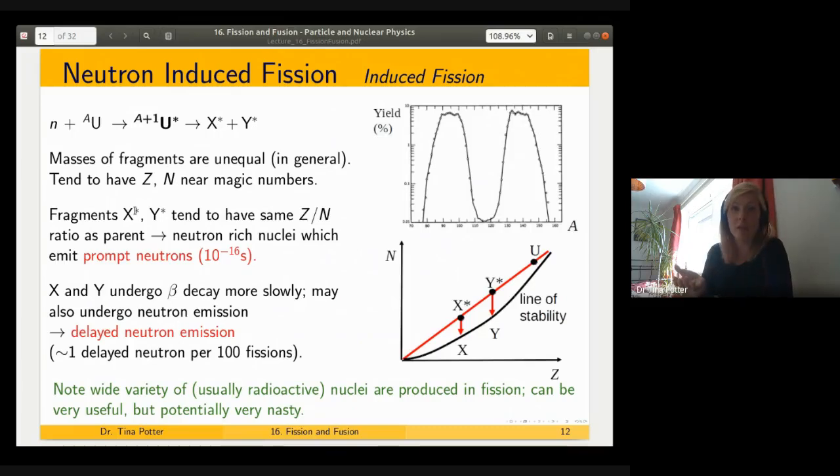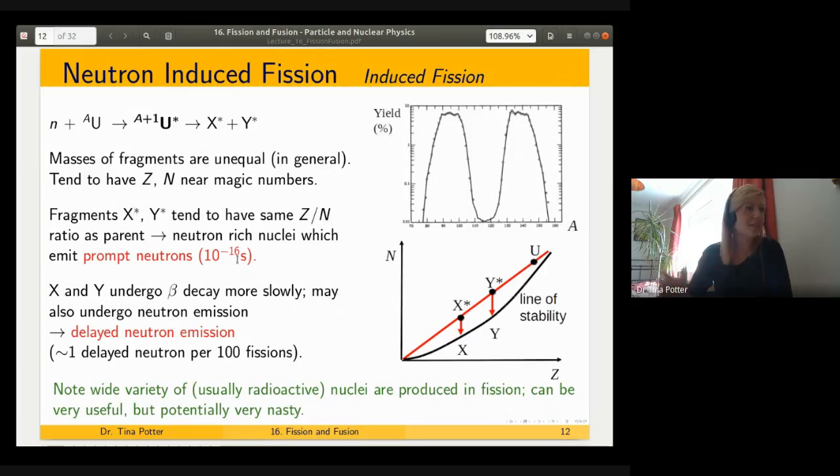But then when they got heavier, they tended to have far more neutrons than protons. So when a heavy nucleus decays into a light one, they're too neutron rich. So what they do is they kick out neutrons very, very quickly, these daughter particles. They've got too many neutrons.